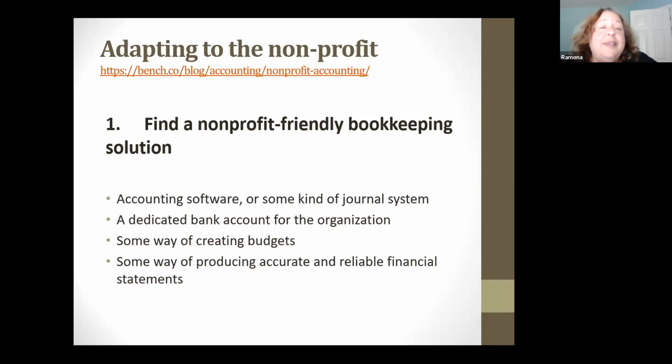What are the things we would be looking for that we could walk in and say, wow, these people are on top of their finance situation? Not necessarily how much cash you've got, but that your procedures are moving in the right direction, or in a good place. So we have, first off, find a nonprofit friendly bookkeeping solution.